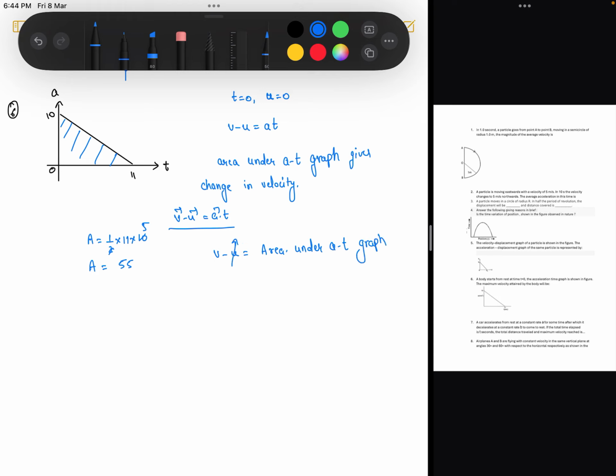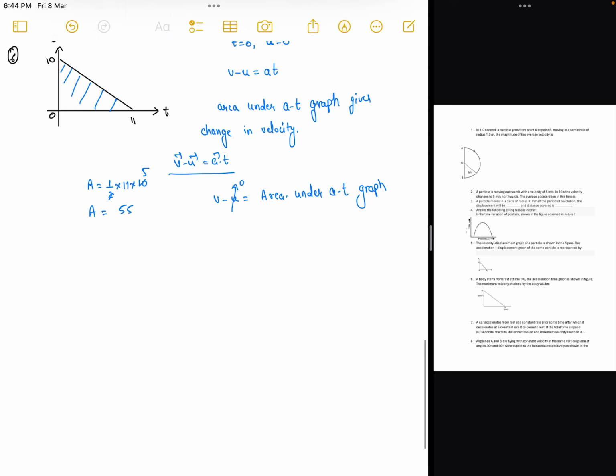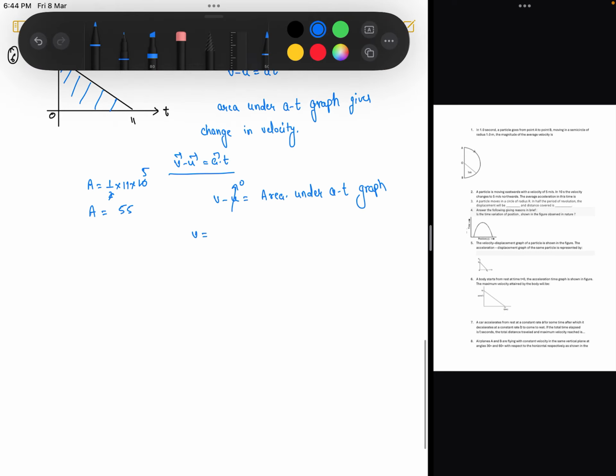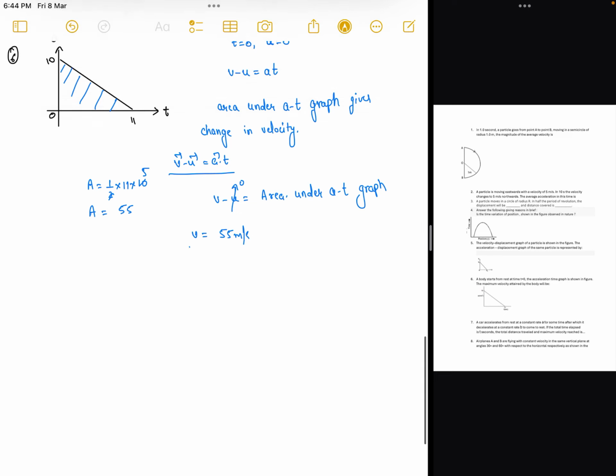So here u will be 0, so this term will be cancelled out and we will be getting the final velocity, that is equal to area under the graph, that is equal to 55 meter per second. So this is the maximum velocity attained by the particle in this motion.